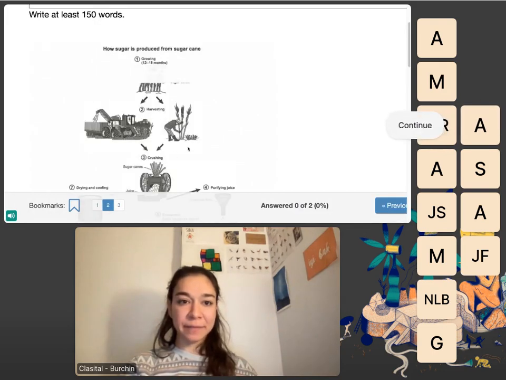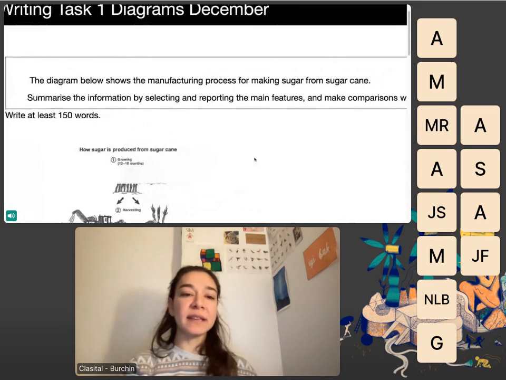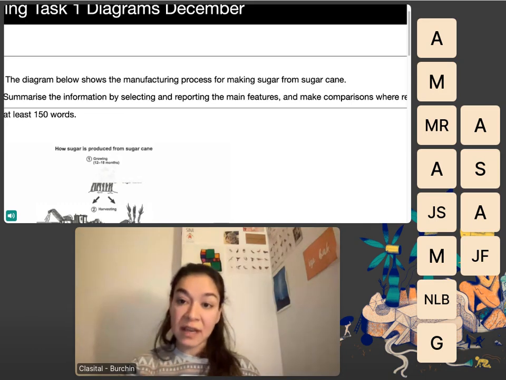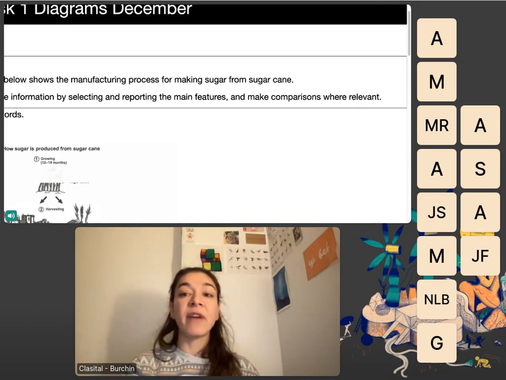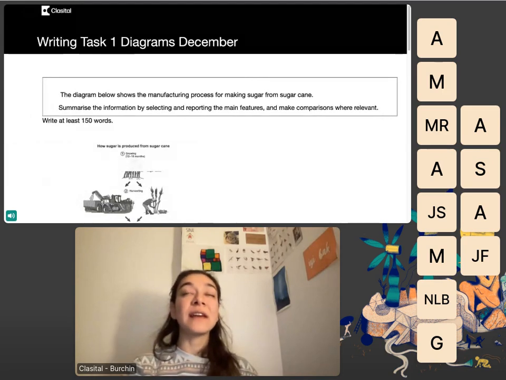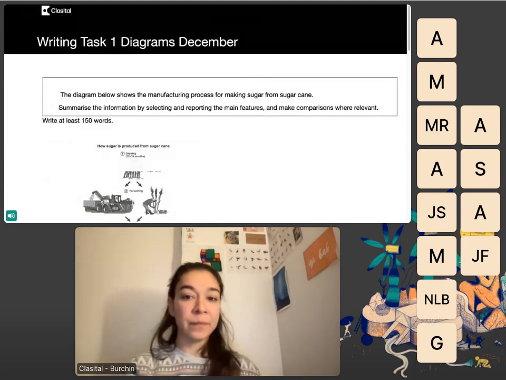Let's get started. Okay, it says the diagram below shows the manufacturing process for making sugar from sugarcane. Summarize the information by selecting and reporting the main features and make comparisons where relevant. Write at least 150 words.